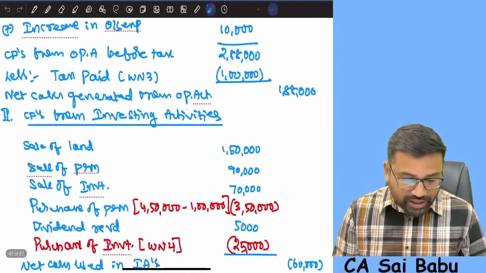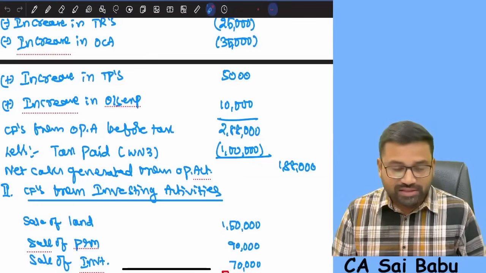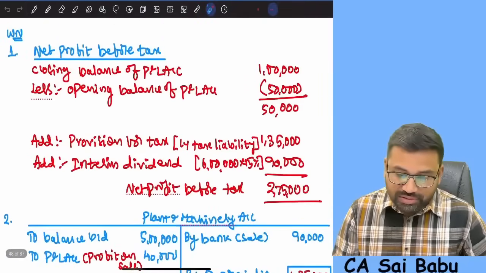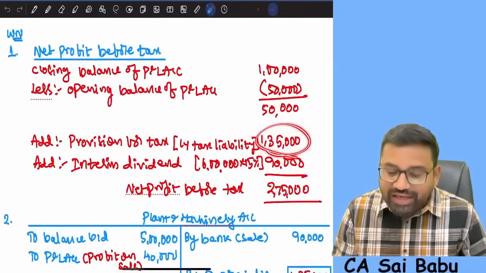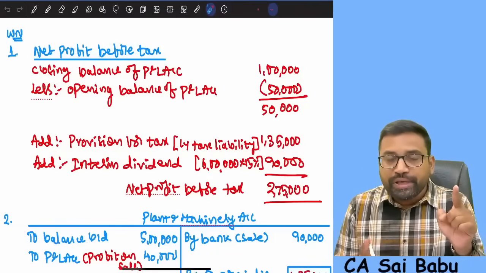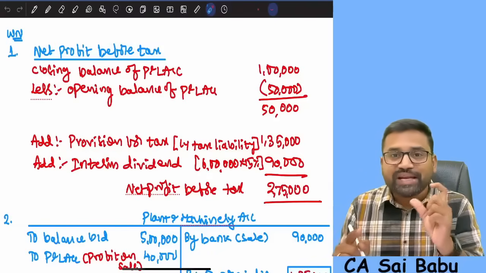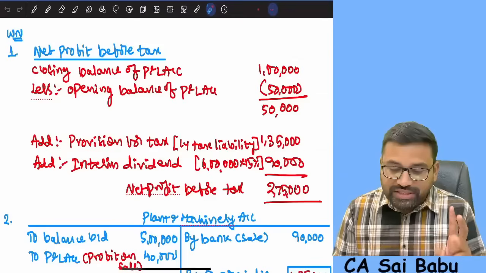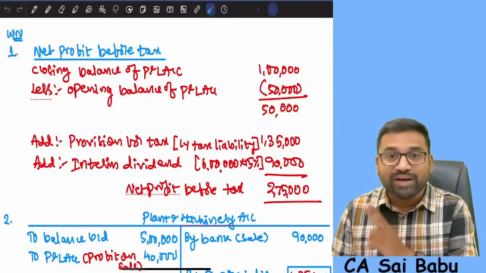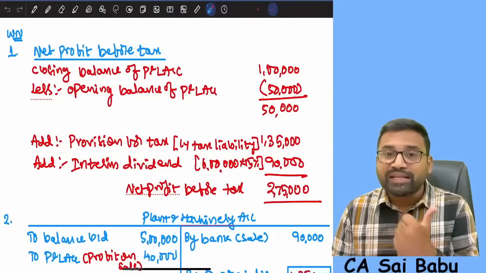So when you are ascertaining cash flow from operating activities, tax paid of 1 lakh will be considered. And when you are ascertaining net profit before tax, you need to add back the current year tax liability of 1,35,000. So very simple: opening, closing, current year tax liability, then tax paid is the balancing figure. 60 plus 1,35,000 is 1,95,000, minus closing 95.